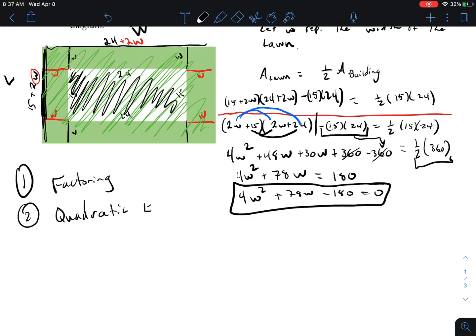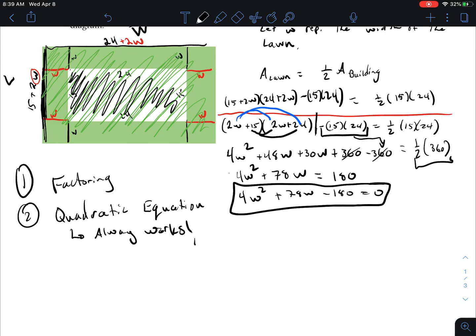I don't really want to use the quadratic equation because it's a little bit tedious, but it always works. Is there something we could do to this? Let's try the factoring method first.